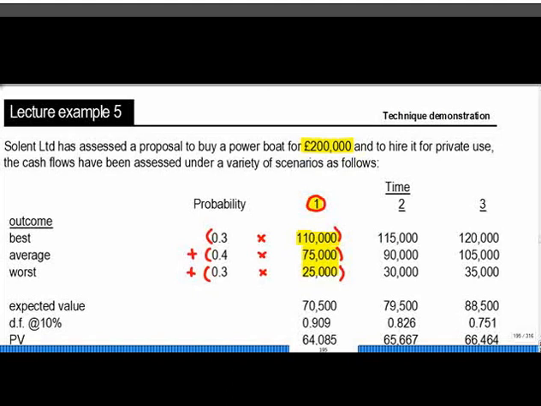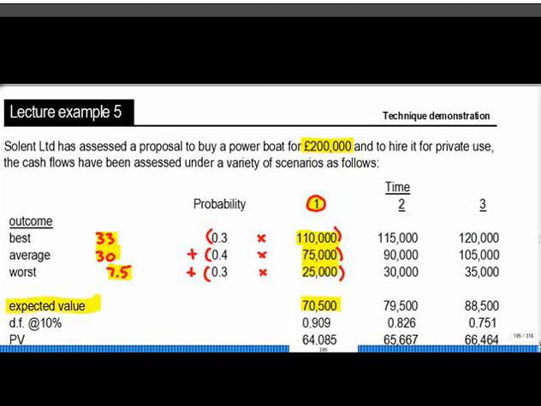So if I work that through, 0.3 times 110, 0.4 times 75, and 0.3 times 25. And that's working in thousands. If I add them up, that comes to 70,500, which is an example of expected values.